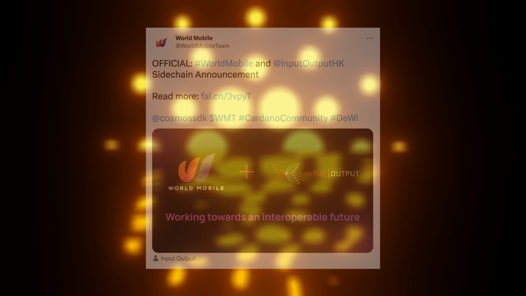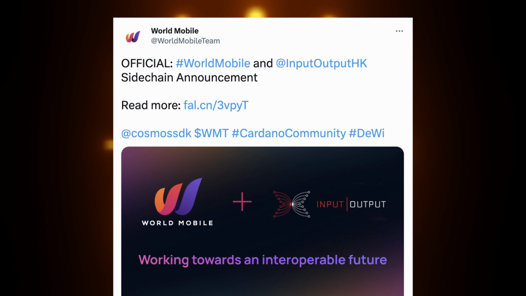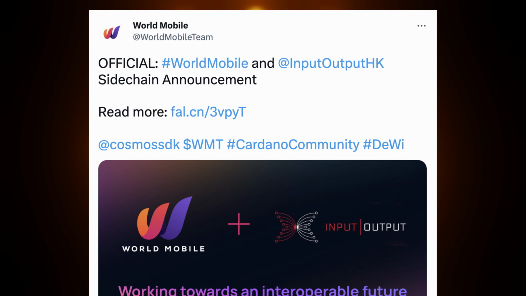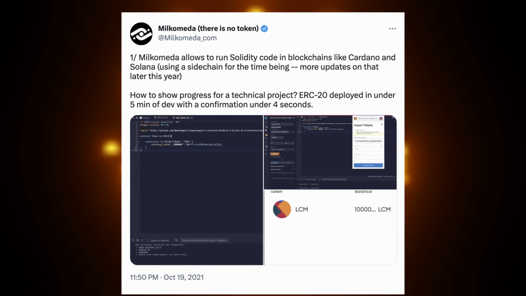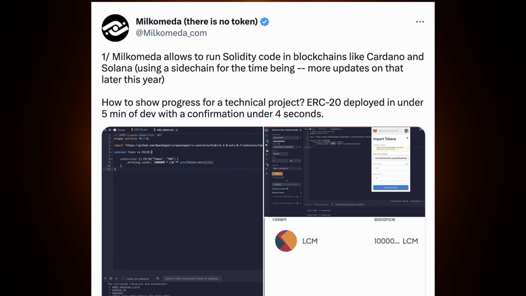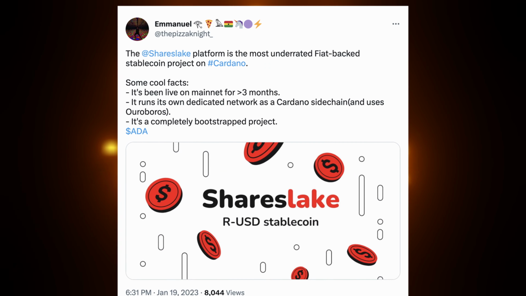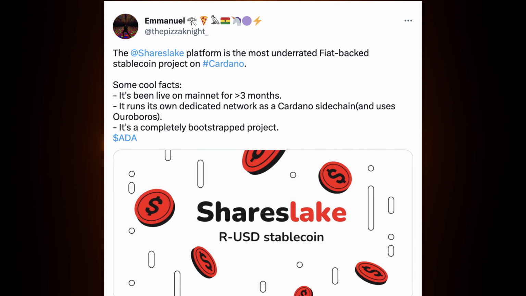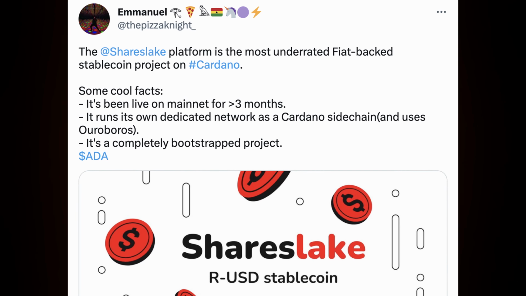So you have World Mobile's Cardano sidechain using Tendermint or Cosmos, and that brings more interoperability to the Cardano ecosystem. Milkomeda's EVM sidechain on Cardano is already up and running for almost 10 months now. And of course, we have the Shareslake sidechain, who brought the first stablecoin to the Cardano ecosystem.